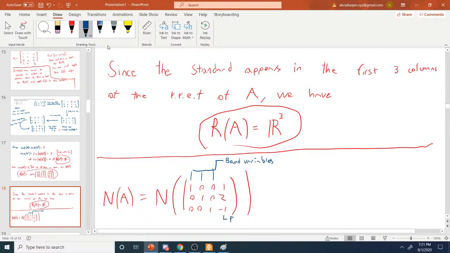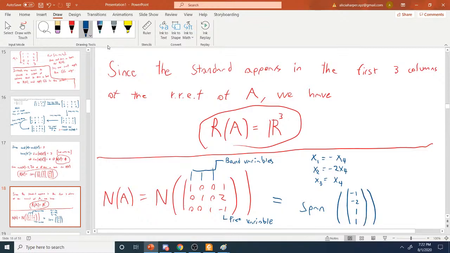This corresponds to a free variable. And so from this, we're able to extract that x1 is going to be equal to negative x4. x2 is going to be equal to negative 2x4. And x3 is going to be equal to x4. So this is going to be equal to the span of the vector negative 1, negative 2, 1, 1.